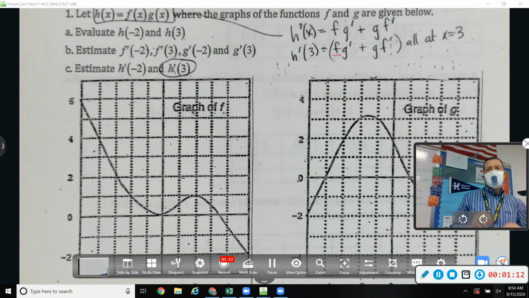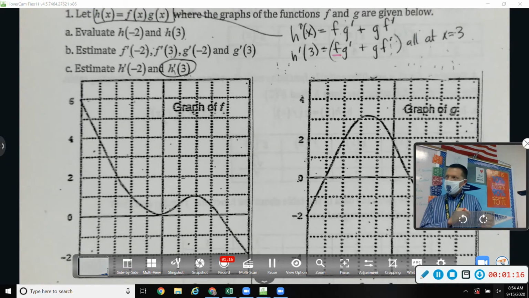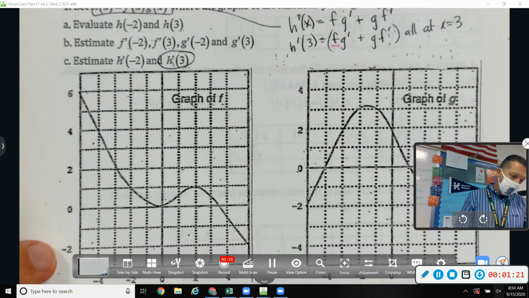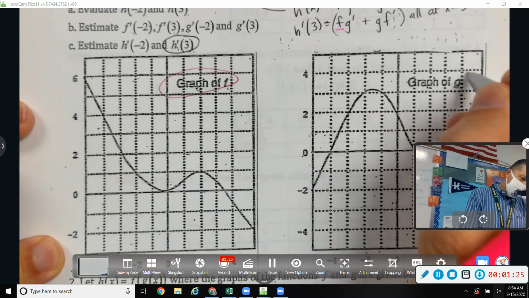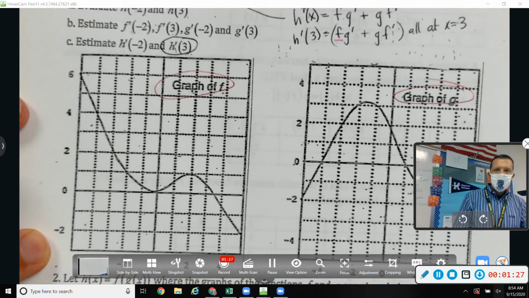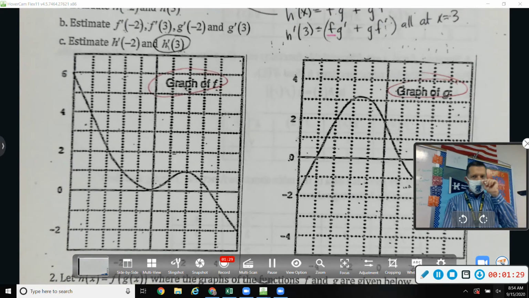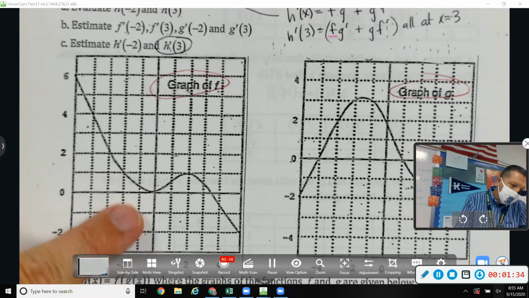So, f at 3. So make sure you're looking at the right graph, and then are we looking at a point or a slope? So for f, we just want the point. So graph of f, graph of g. I think I made a mistake on one of these yesterday when I looked at the wrong graph. That's the silly mistakes to make.